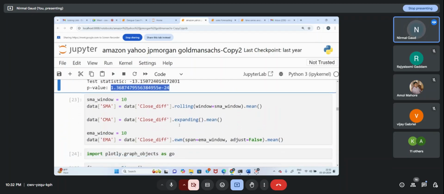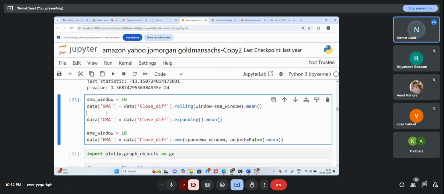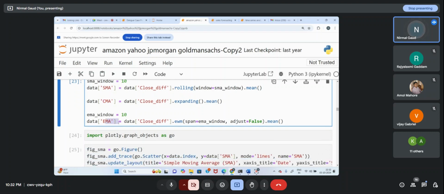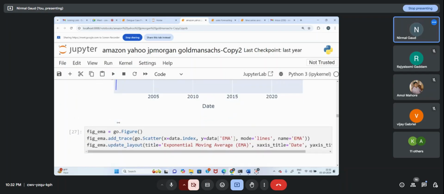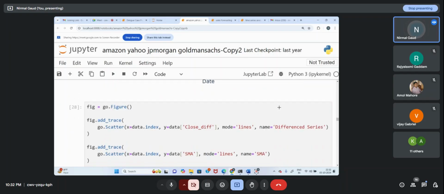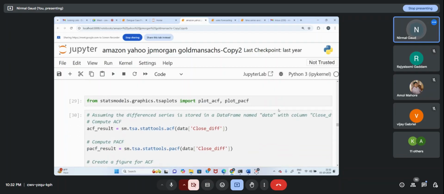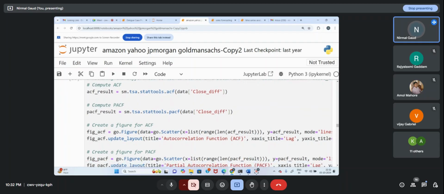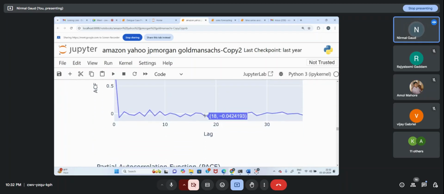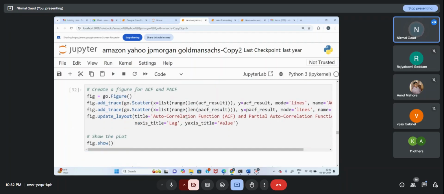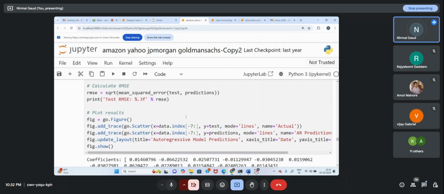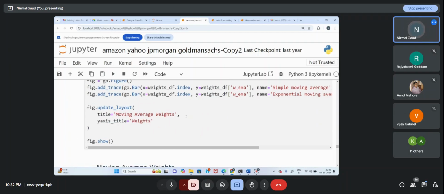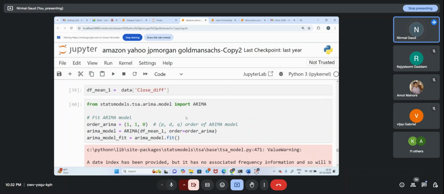Then I created some features: simple moving average, cumulative moving average, and exponential moving average, and I plotted them. I also plotted ACF and PACF, the autocorrelation function and partial autocorrelation function. After looking at all these plots, I applied ARIMA.